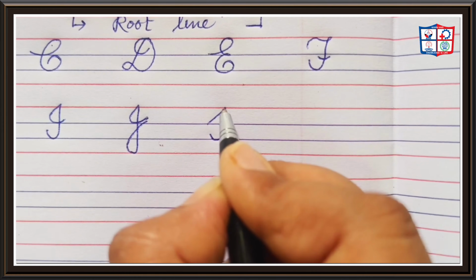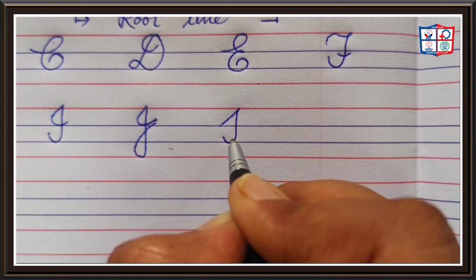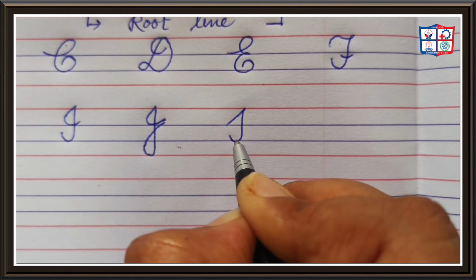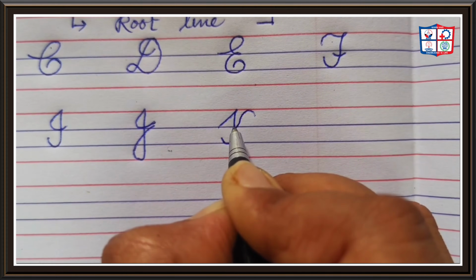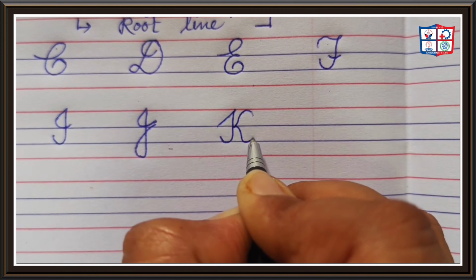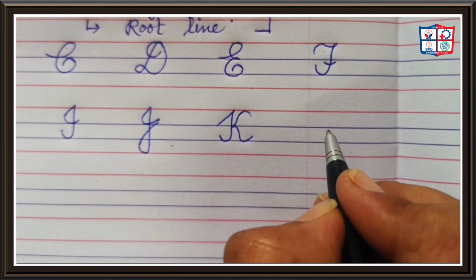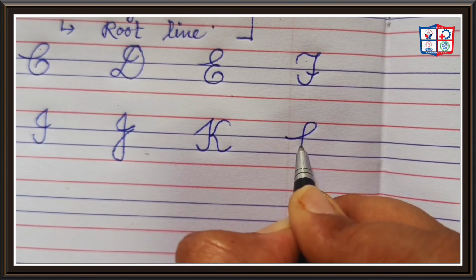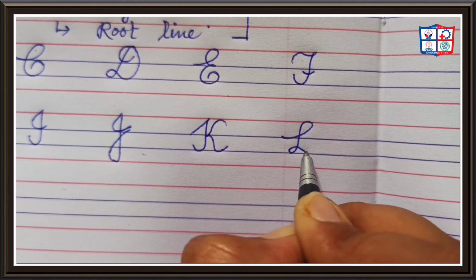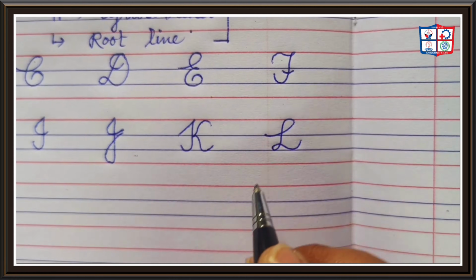K, as it is, we have to start from the grass line to the skyline and finish it in the grass line. Then another part will start, touch it in the middle and finish it. K. Then L, start from the grass line, touch the skyline, get down and a little up, curve.